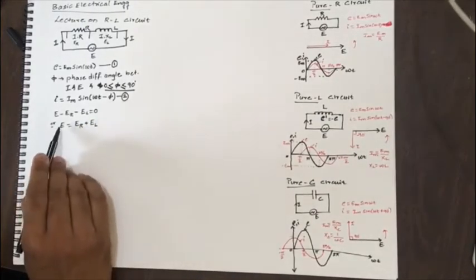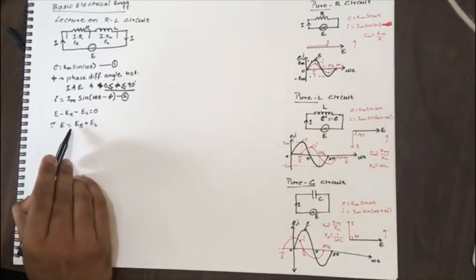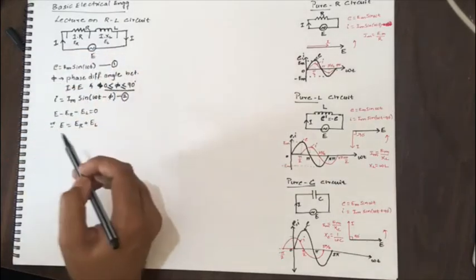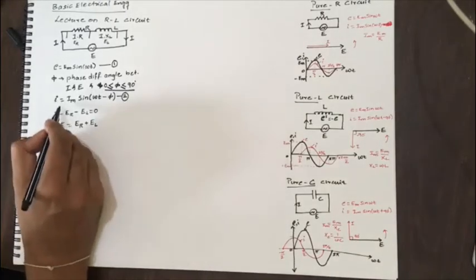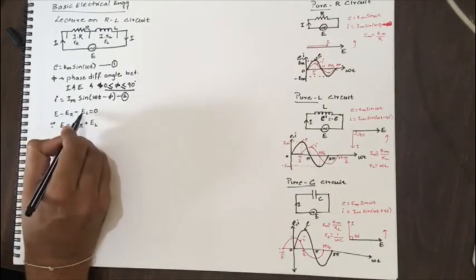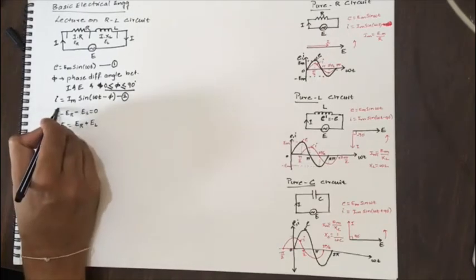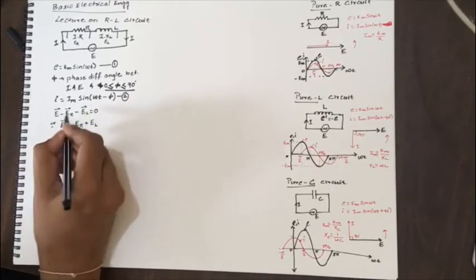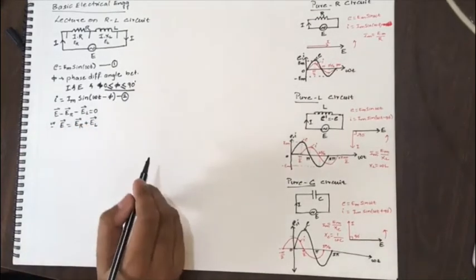If I write these equations in this form, it appears algebraic, but we have already declared that E and I are vectors, therefore ER and EL will also be vectors. Hence, I can't represent this equation simply in algebraic form. It will be in the form of vectors. So the resultant vector E is equal to the sum of two vectors ER and EL.